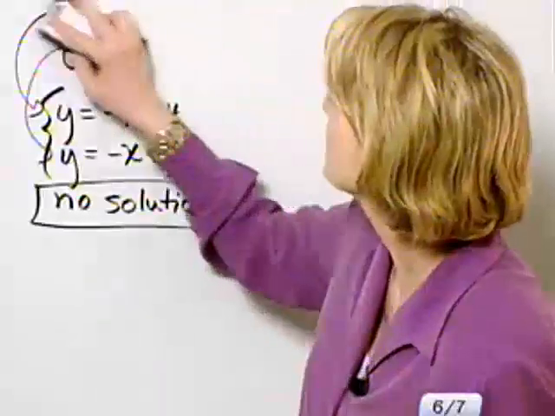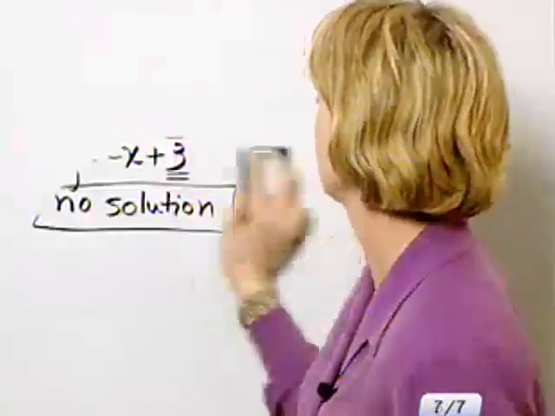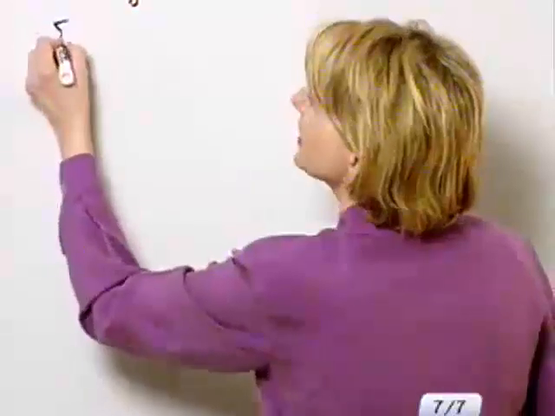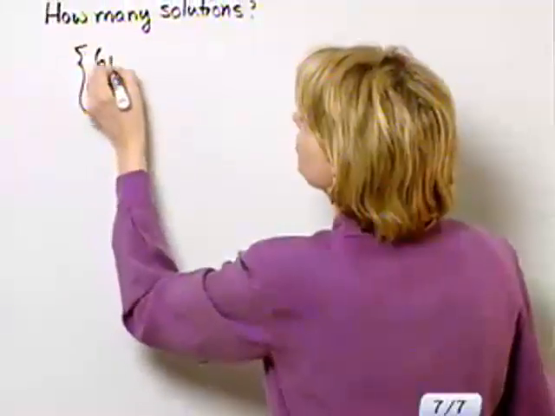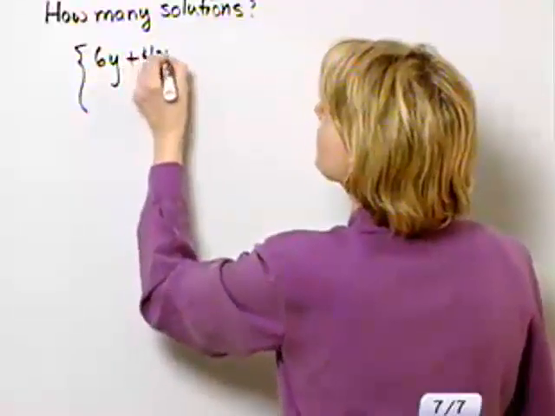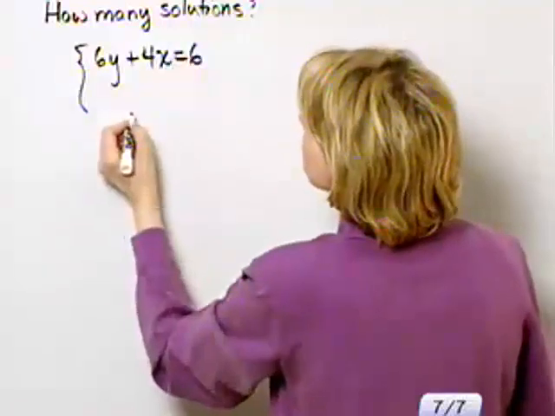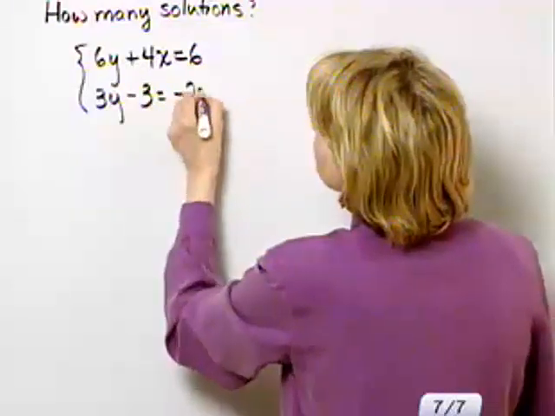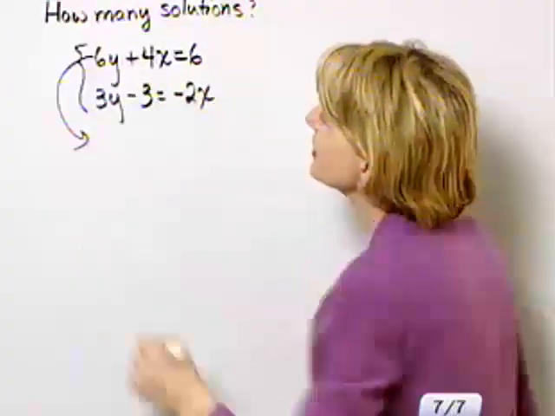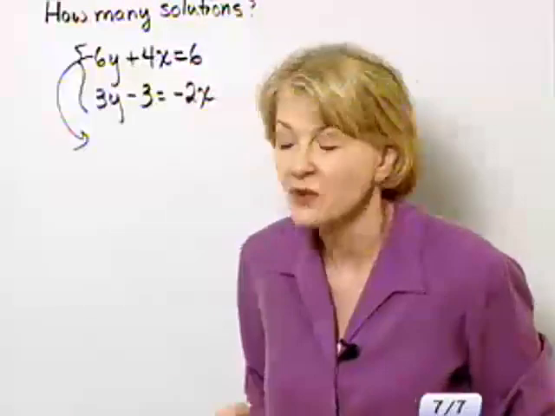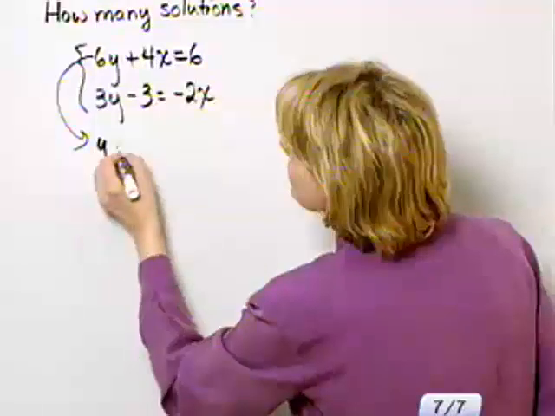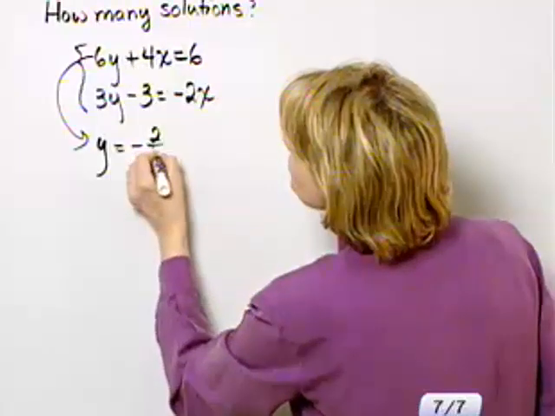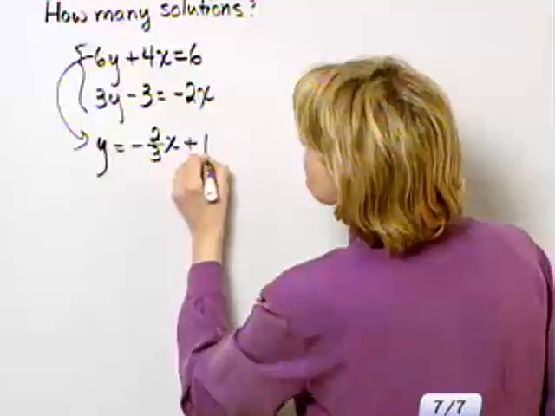And let's try this one more time. Let's suppose I have the system 6y plus 4x is equal to 6, and 3y minus 3 is equal to negative 2x. If you write this in slope-intercept form, you'll have y is equal to negative 2/3 x plus 1.